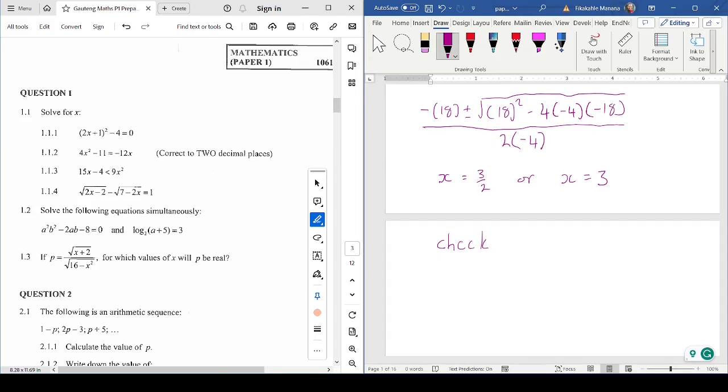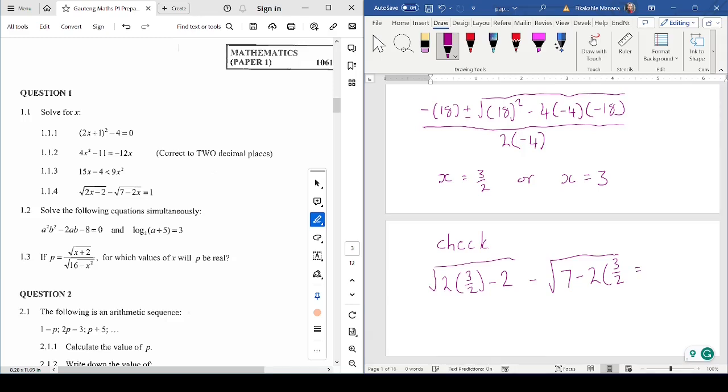So the first check we'll do is if x is 3 over 2, so we'll go back to the surd. Let's see if it will give us 1. So we've got 2 times 3 over 2 minus 2, that's under a square root, minus the square root of 7 minus 2 times 3 over 2.